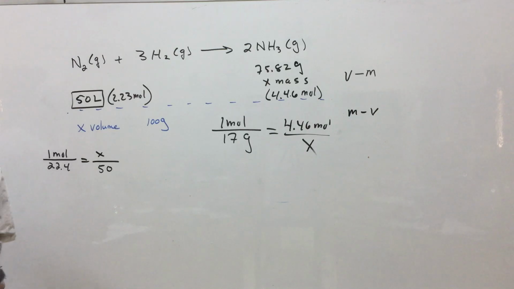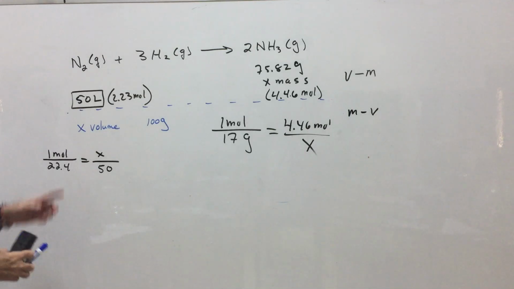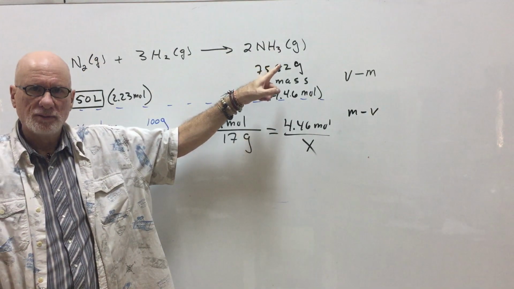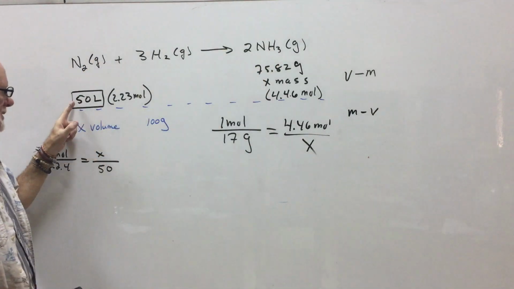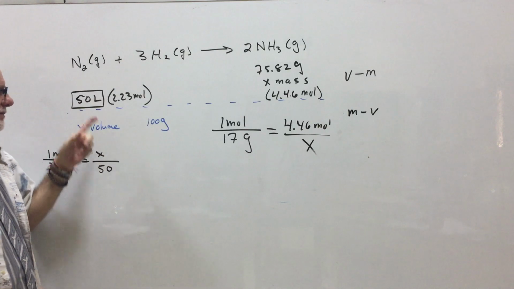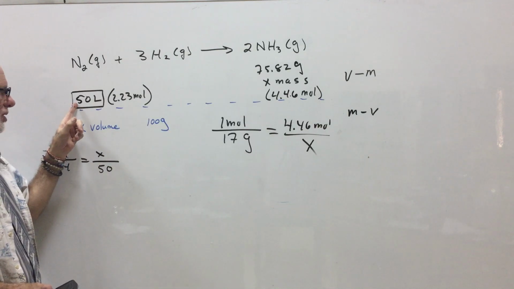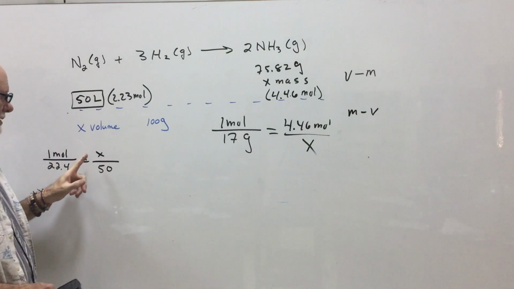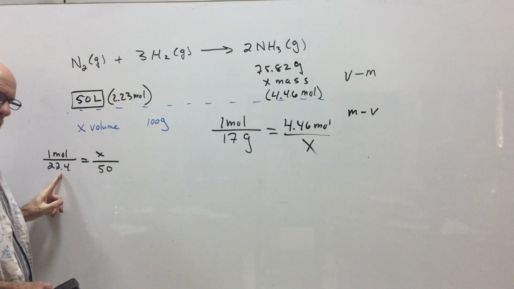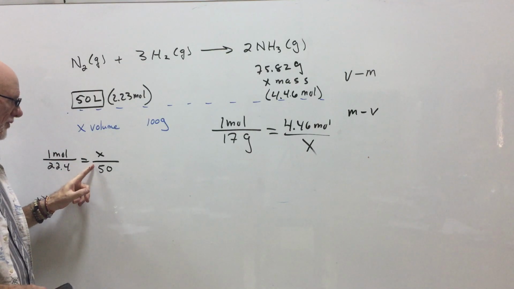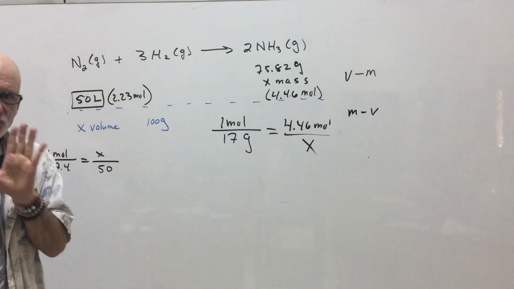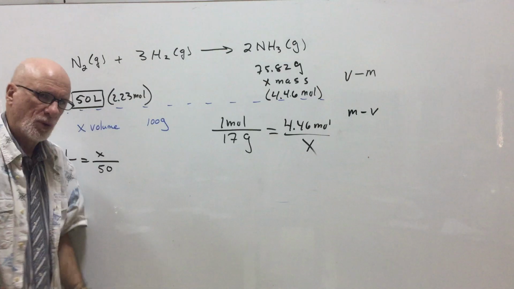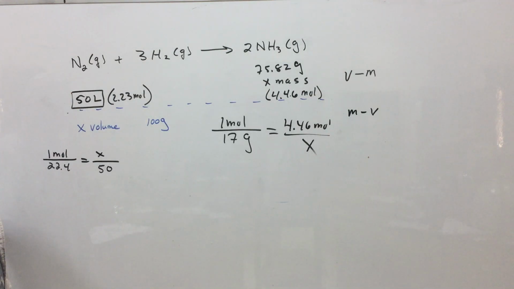All right, let's review what we just did. 50 liters of nitrogen, what mass of ammonia, right? Well, it's at STP. If I can determine the moles of this, so 50 liters is 1 mole over 22.4, x over 50. So do you see, first, that 50 liters represents 2.23 moles?